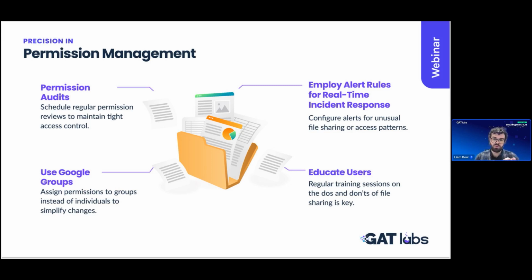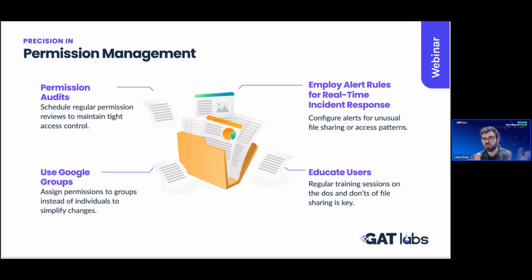So if you have Google Groups for each of your teams, and you by default use those groups to share out access to shared drives or to data in My Drives, and educate your users to default to using Google Groups, then when it comes to that auditing activity, rather than having to look at every single individual user that has been added to a file, it makes it a bit easier.